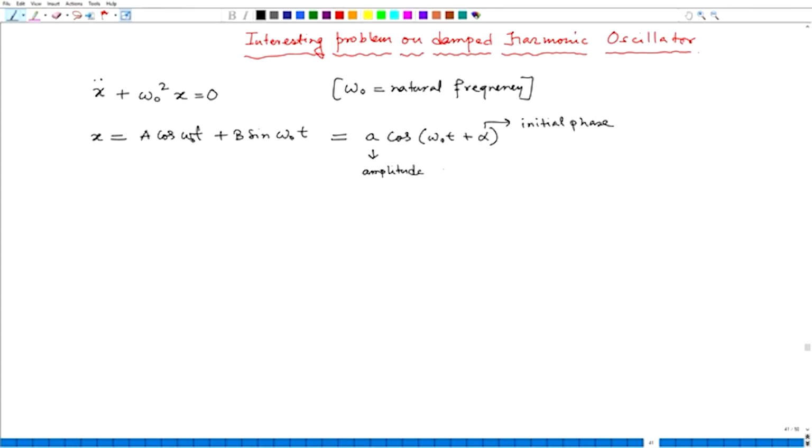You can always write that by choosing A and B smartly in terms of small a and alpha.